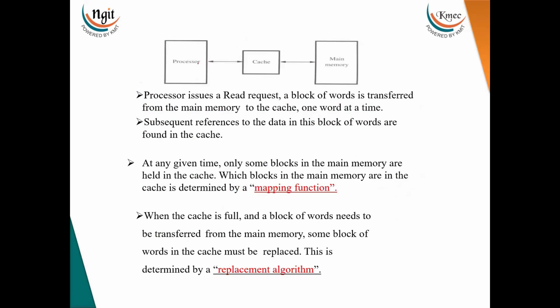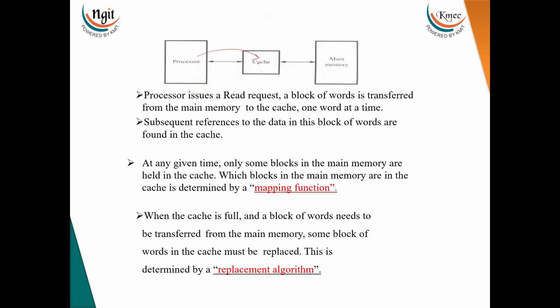Here we see the processor and cache memory. In between the processor and main memory, the cache is inserted. The cache size is small and the main memory size is large. The cache speed is almost as high as the processor, and the main memory speed is slow compared to the cache memory and processor. Whenever the processor needs any data, it will search in the cache.